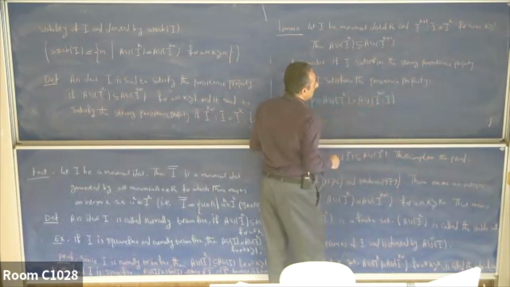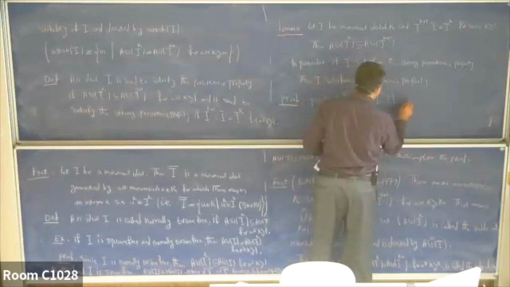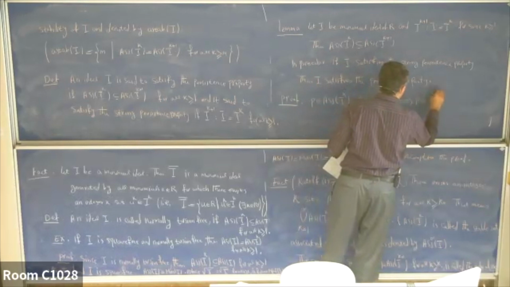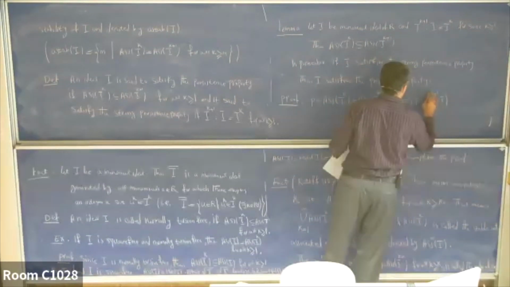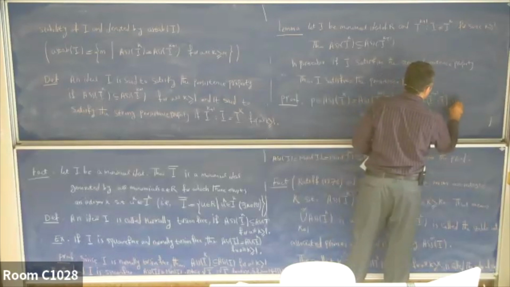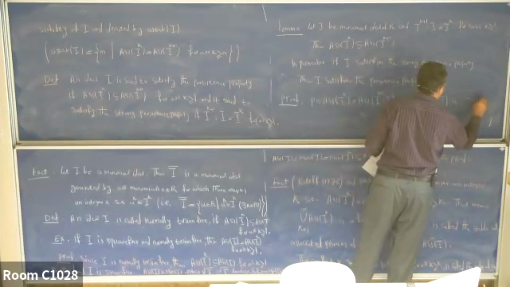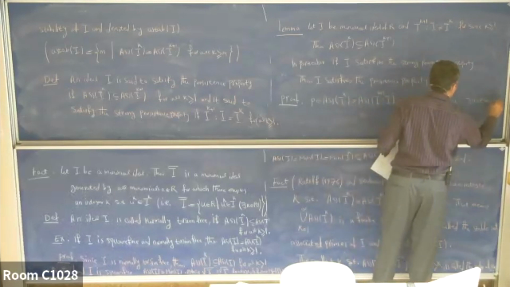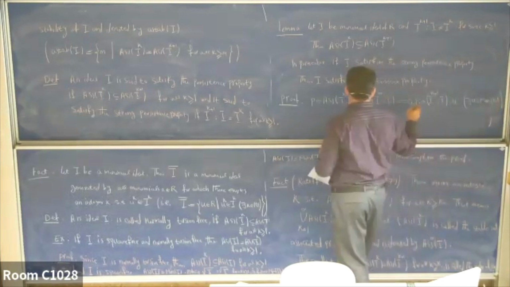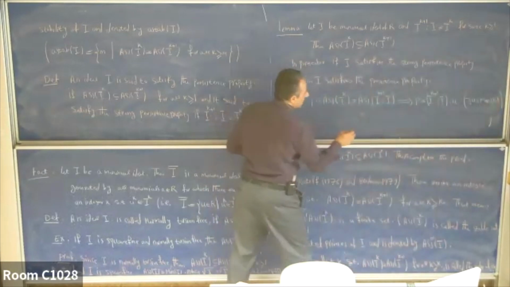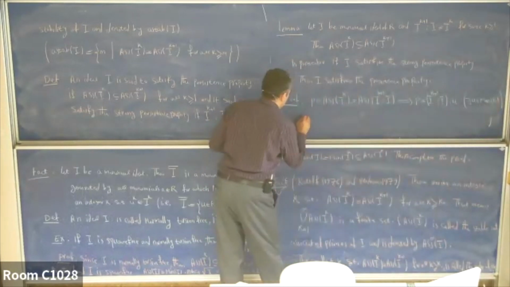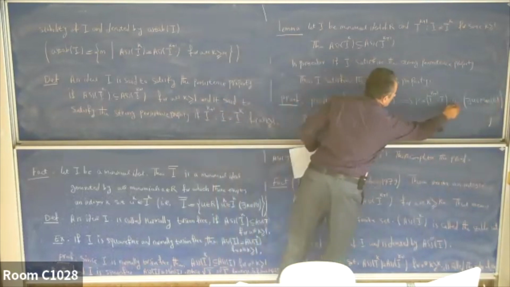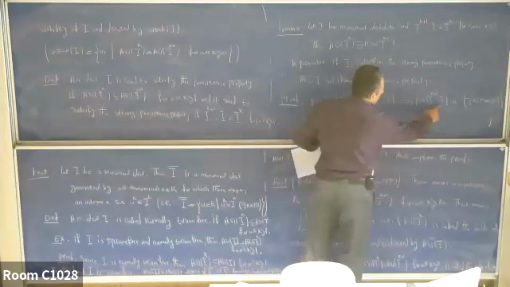So P is equal to A^(K+1) colon U, where U is a monomial ideal. So then we have this one.